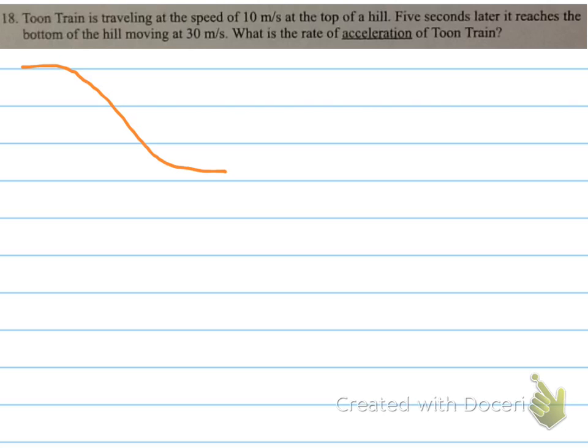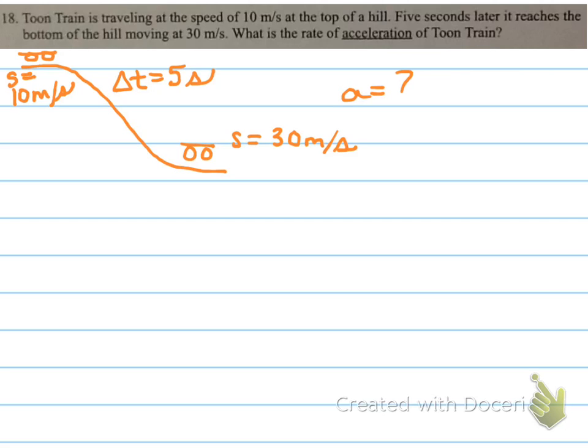At the top of the hill, the train is traveling at a speed of 10 meters per second. 5 seconds later, so the change in time is 5 seconds. It reaches the bottom of the hill and is moving 30 meters per second. We want to know what the acceleration is.